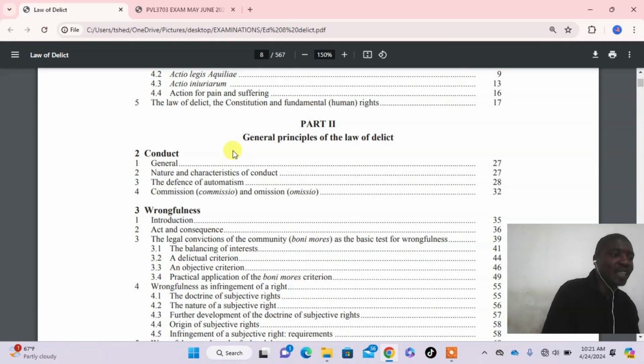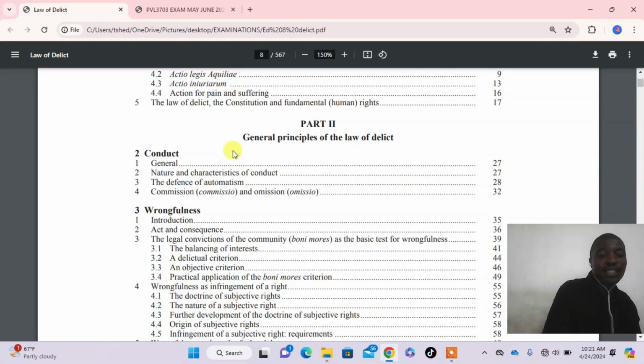So it means that a dog and wild animals cannot act. If your car is driven by a dog, they will check the owner of the dog, and the act will be imposed on the owner of the dog, because wild animals cannot act. Only juristic and natural persons are part of the acting.